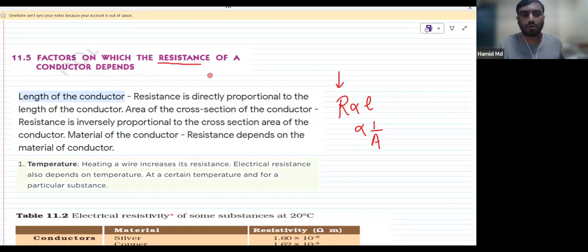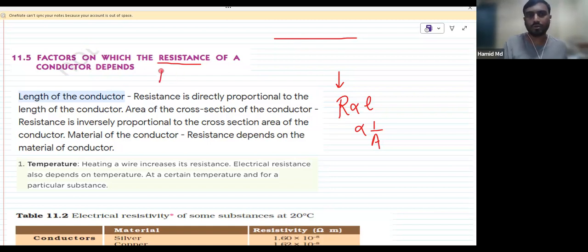Resistance is the measure of obstruction produced in the flow of current. When current flows through a wire, we see that sometimes wires get heated. Because of what? Because of resistance. Resistance opposes the flow of current or flow of charges.